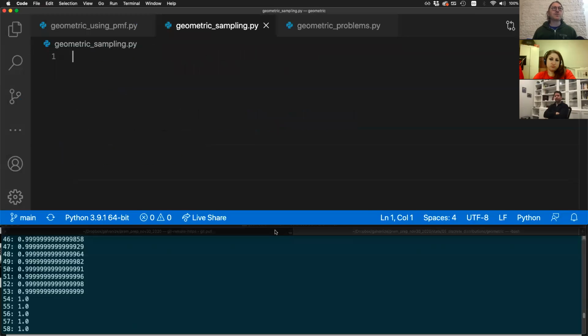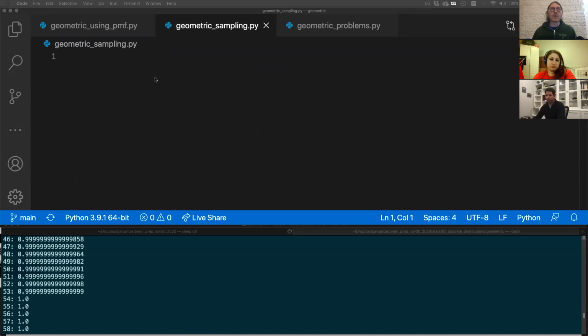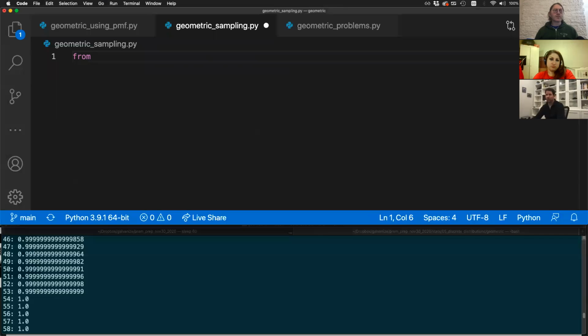So let's get to sampling. I think sampling here is going to look a little bit like the binomial sampling. So from random, we're going to import random. And I'm going to skip the 50-50, using choice.